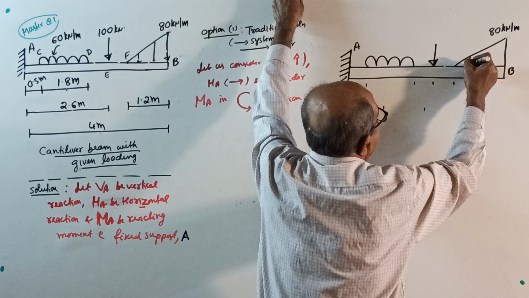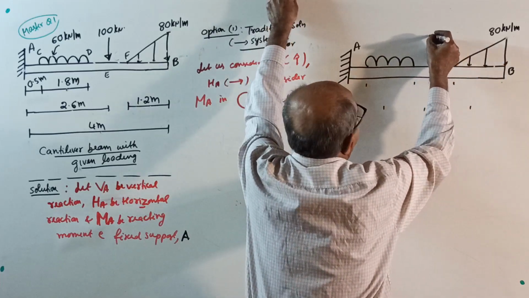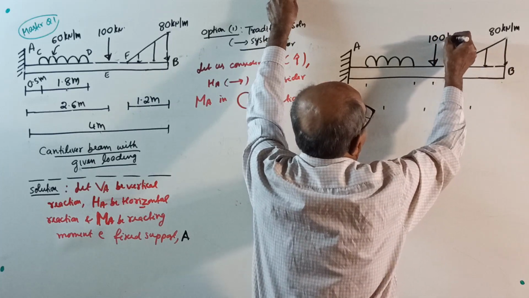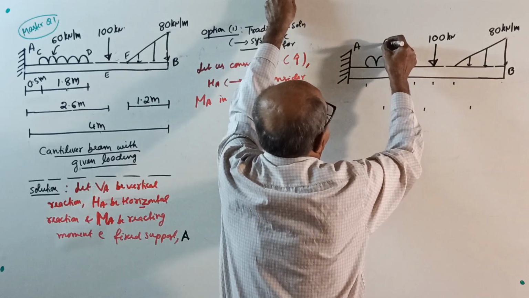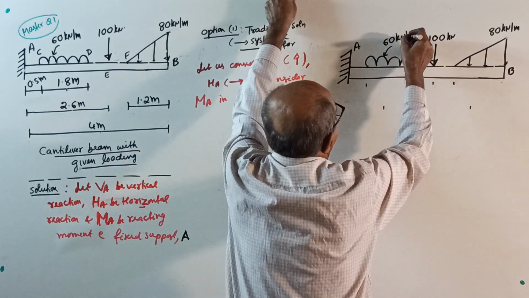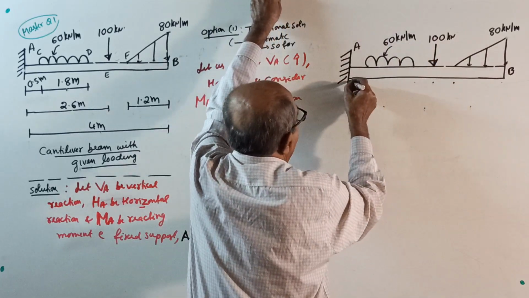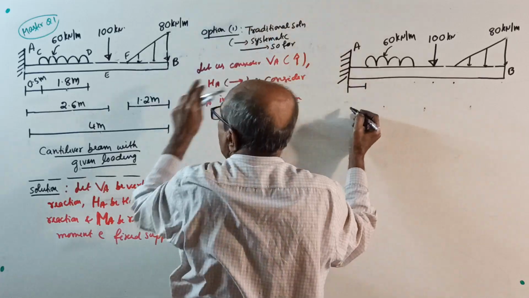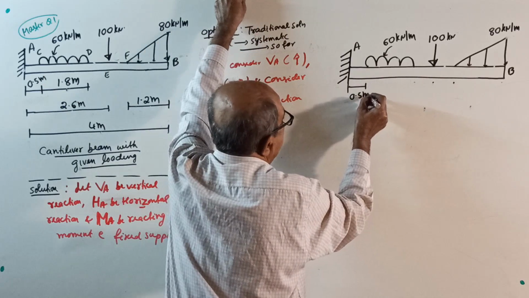Then right here, this is how much? 100 kilonewton. UDL is 60 kilonewton per meter. I want all distances now. This gap from here to here is, I told you, 0.5 meter.